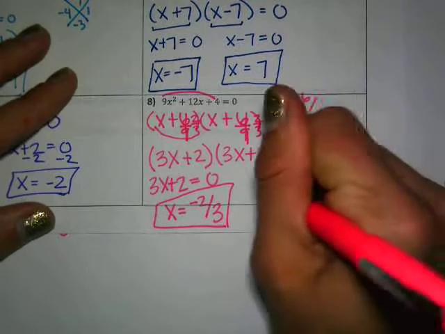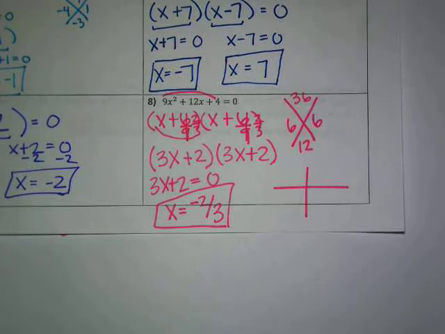All right, so real fast, graphically, you only have one x-intercept. So if your quadratic is only going to have one x-intercept, what does that mean your vertex is at? Where's your vertex in the quadratic?